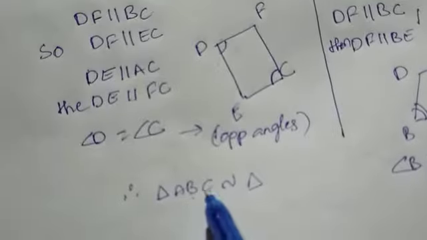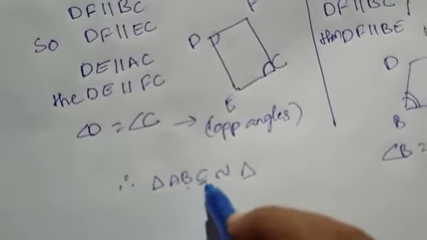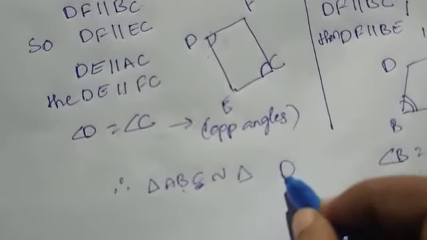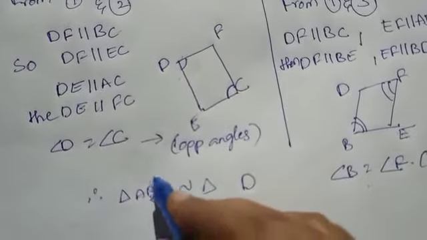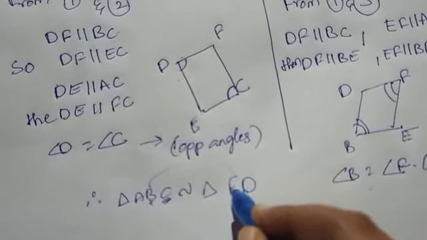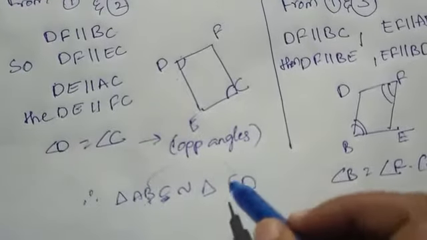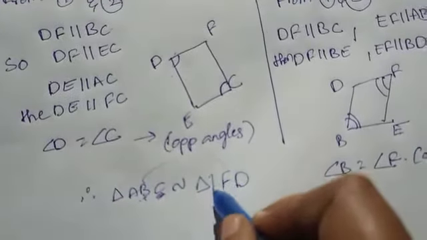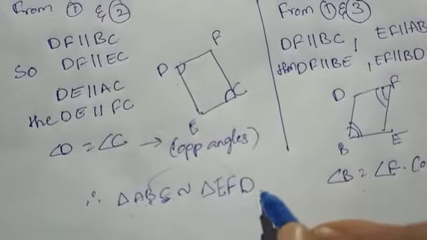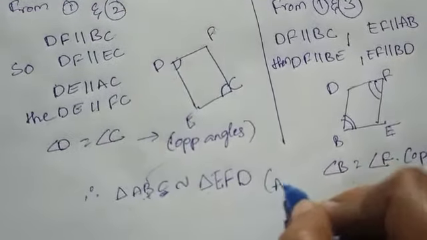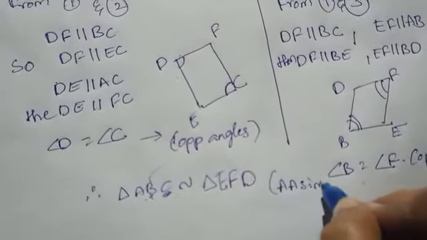Angle C is equal to angle D, and angle B is equal to angle F. So angle A is equal to the remaining angle E. Triangle ABC is similar to triangle EFD using the AA similarity criteria.